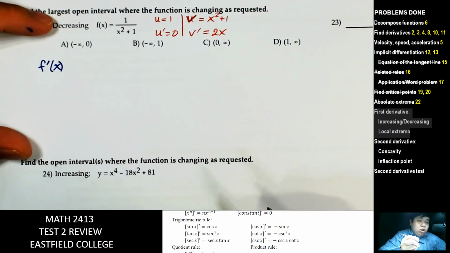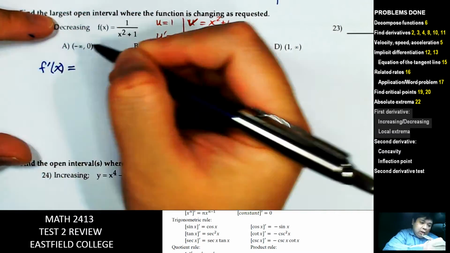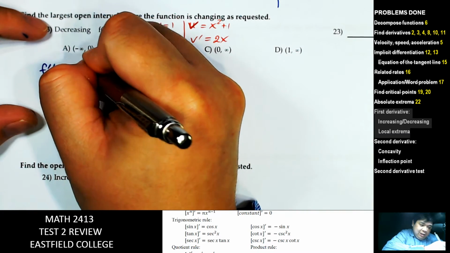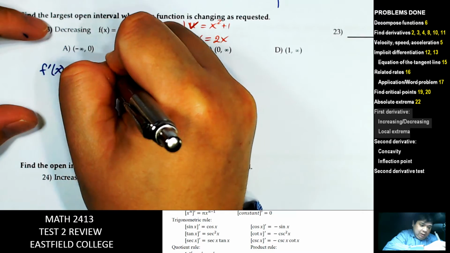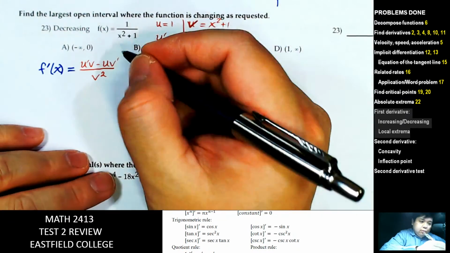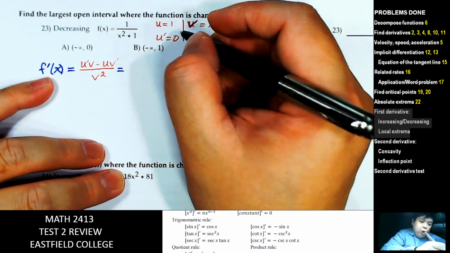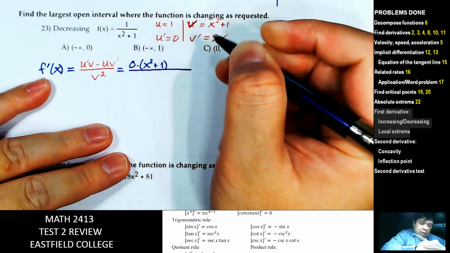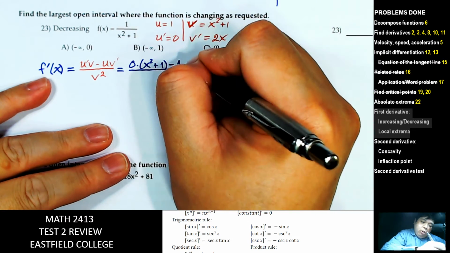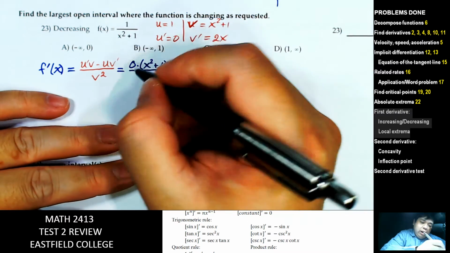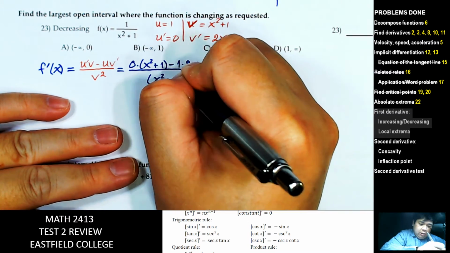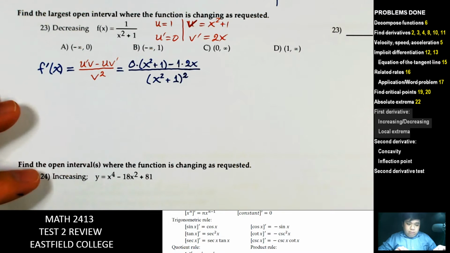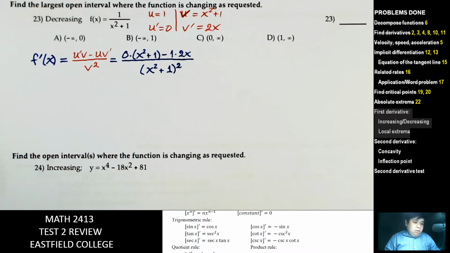You might want to write this one small and divide this into 2 columns. The derivative is the quotient rule: u prime v minus u v prime over v squared.